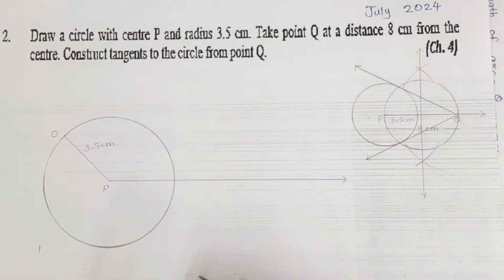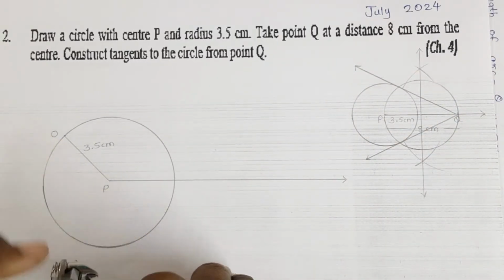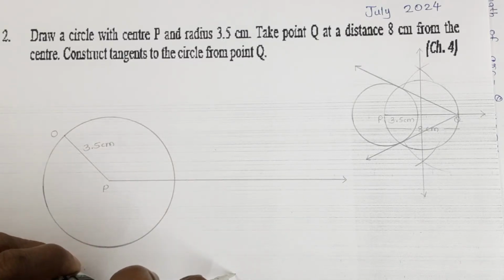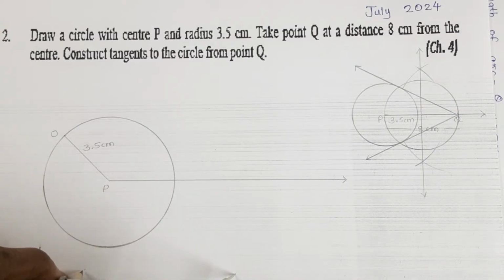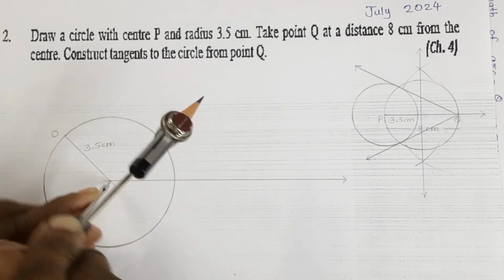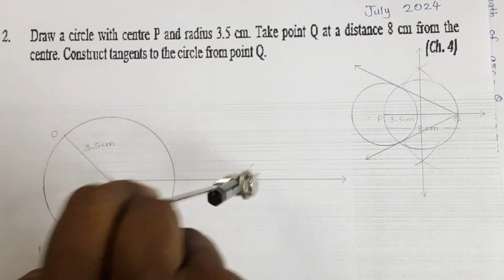Taking 8 centimeter in the compass, this way, that is from P.